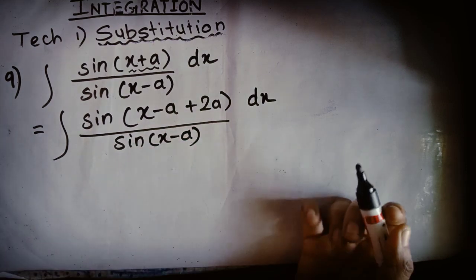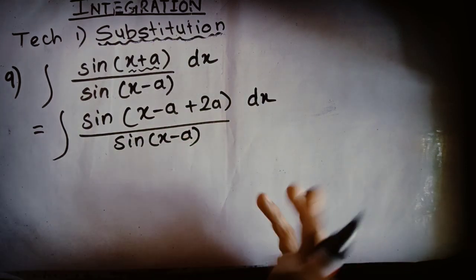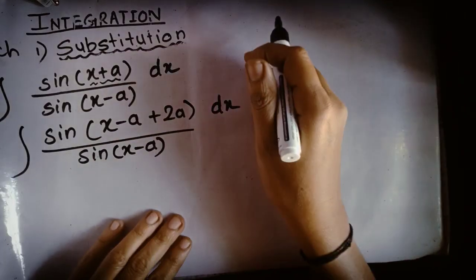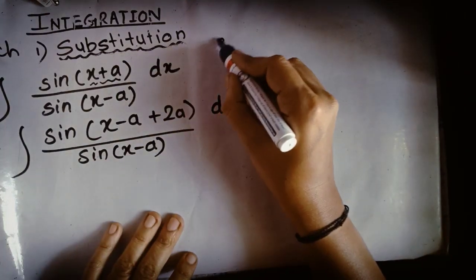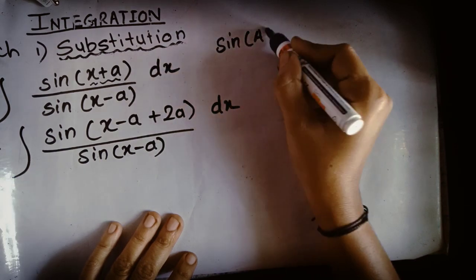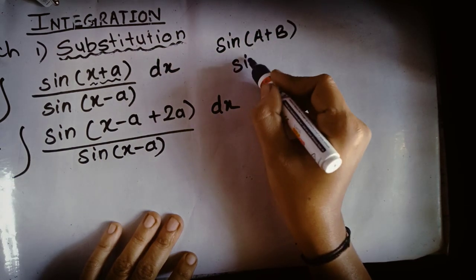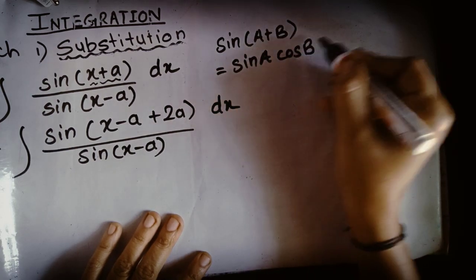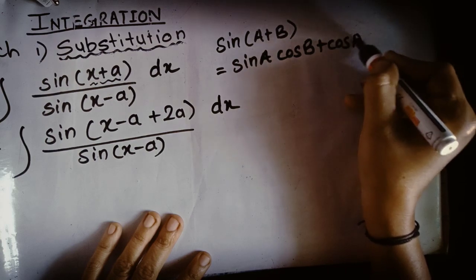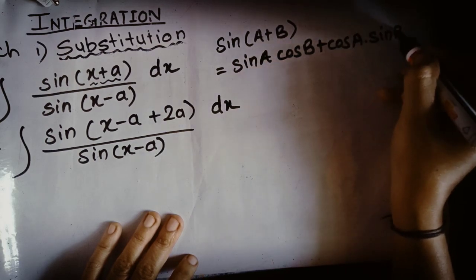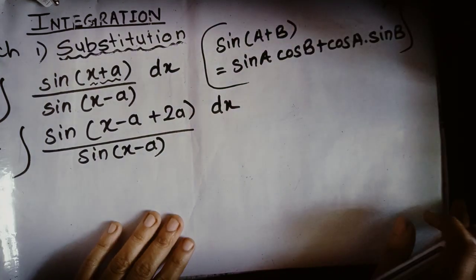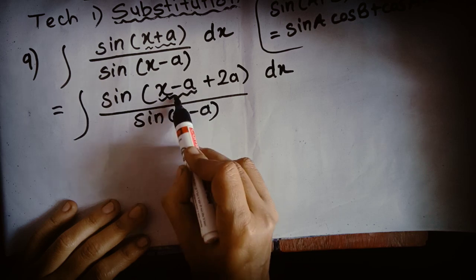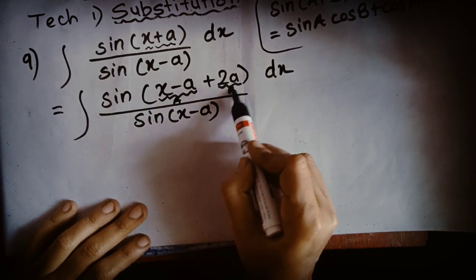Okay, now you have to use the sin a plus b formula, which is from your 11th standard trigonometry: sin a cos b plus cos a sin b. I'm treating this as a and this as b.